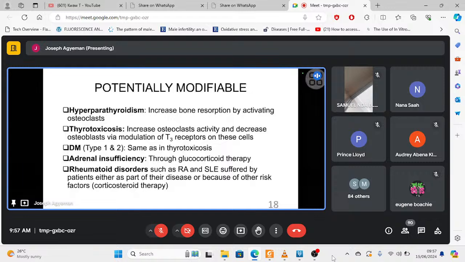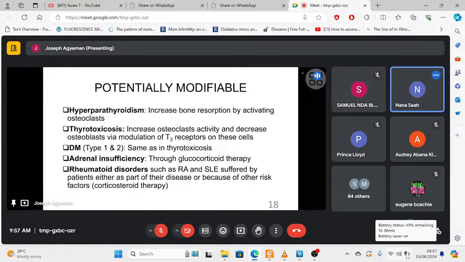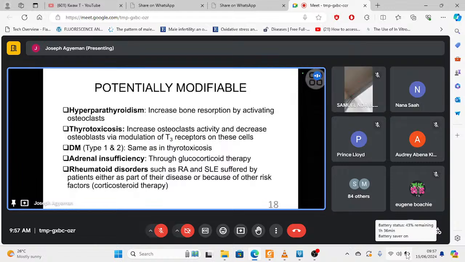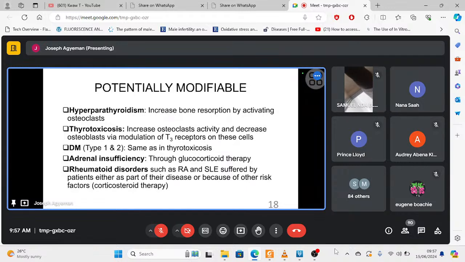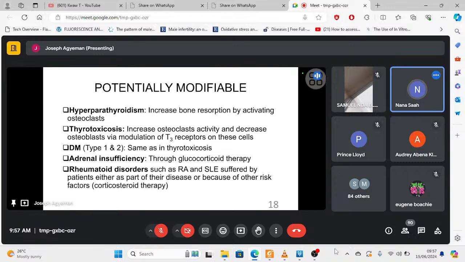You appreciate that in DM you can get inflammation. This can be widespread and can affect the bone. So once you have inflammations, you are producing inflammatory cells, cytokines, proteolytic enzymes. You can connect. So you have a lot of problems. All right, thank you.